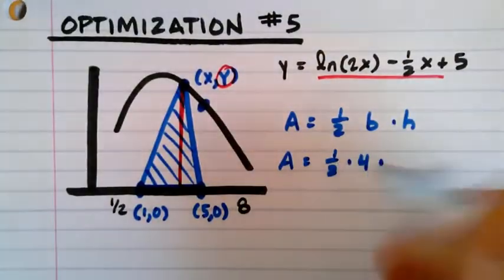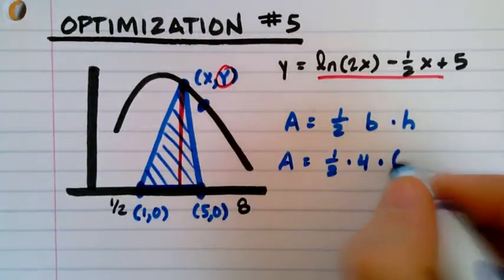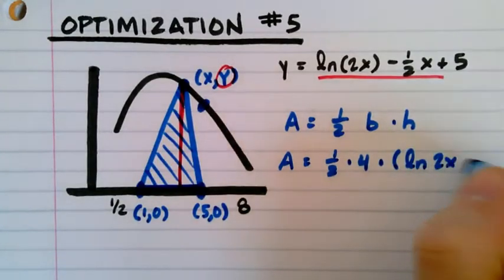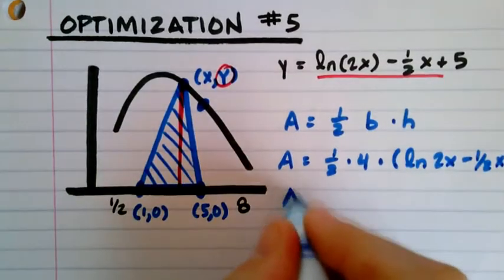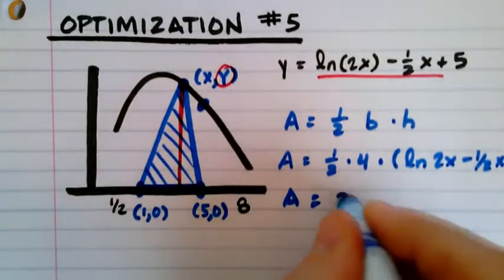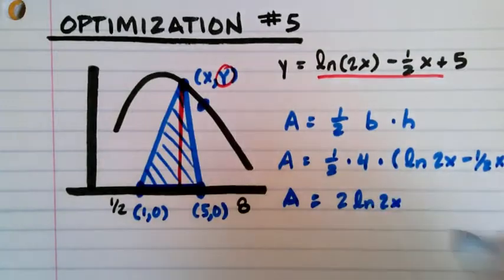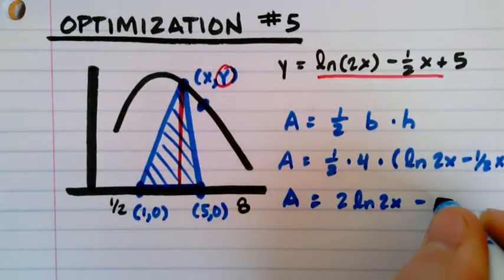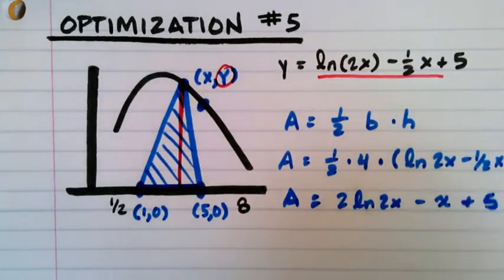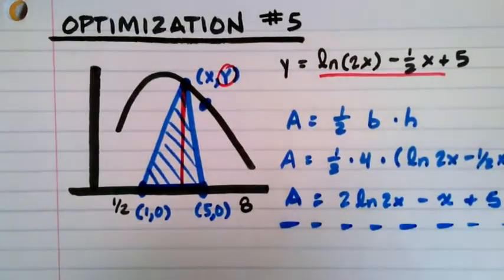So it's 1/2 times 4 times the quantity natural log 2x minus 1/2 x plus 5. So the area is going to simplify to 2 natural log 2x minus x plus 5. That's stage 1.